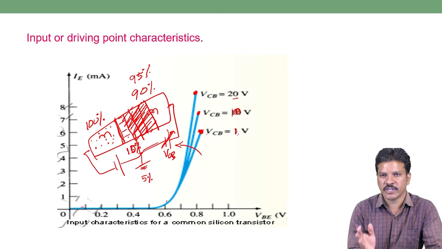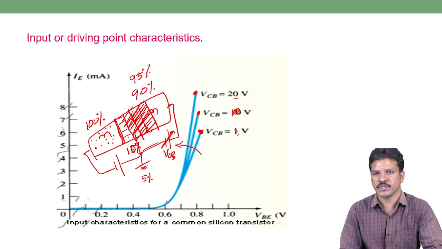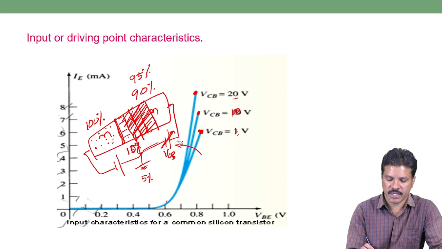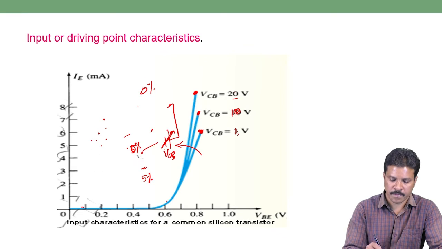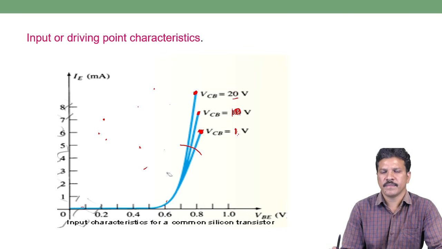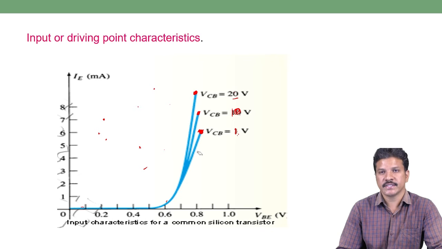Why does the curve move from the first curve to the left, and the next curve further left towards the y-axis? What is the reason? The same thing happens here when the reverse voltage increases.